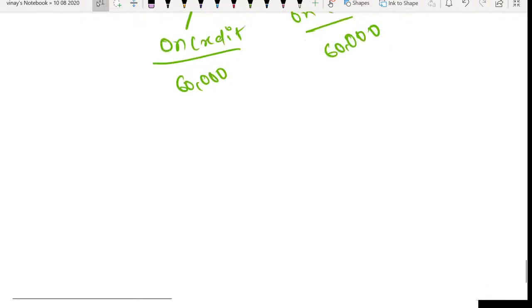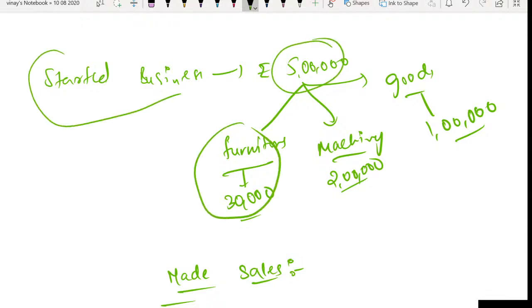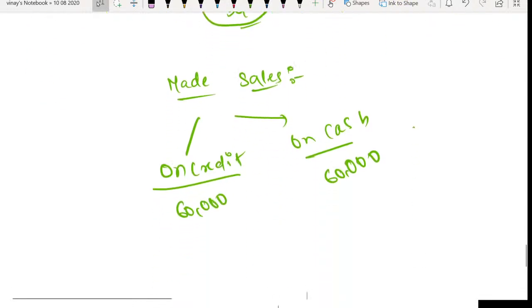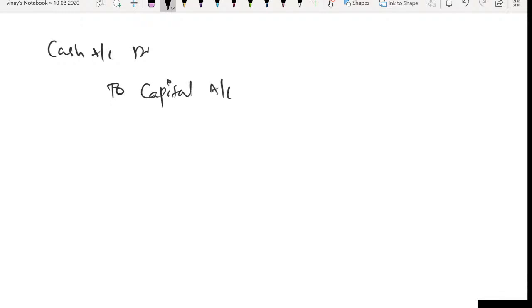So let me pass entries for this. First I started the business with a capital of 5 lakhs. Then I bought furniture, goods and machinery, and made sales of 60,000 and 60,000. So my first entry, when I brought cash into the business, is cash account debit to capital account, 5 lakhs and 5 lakhs.